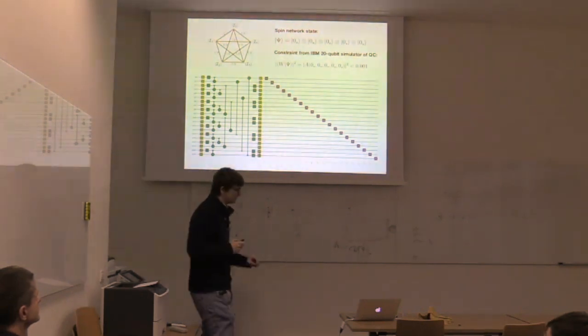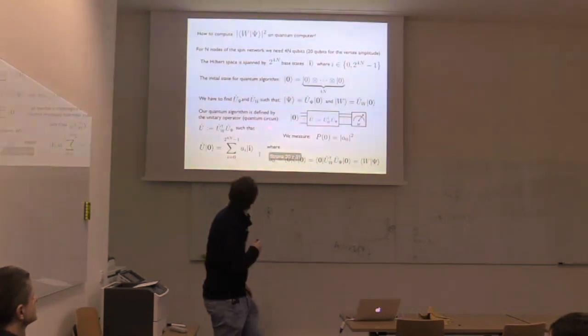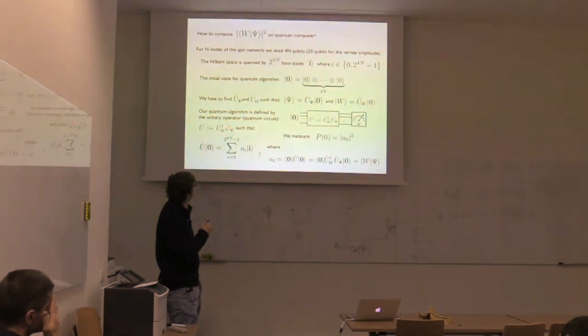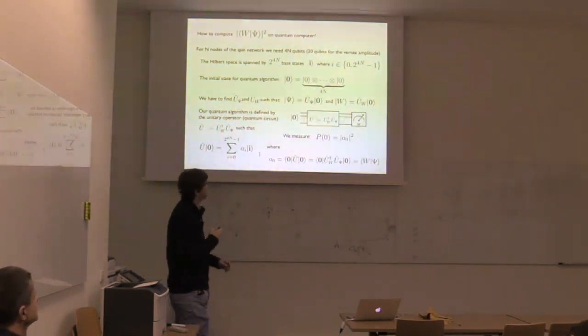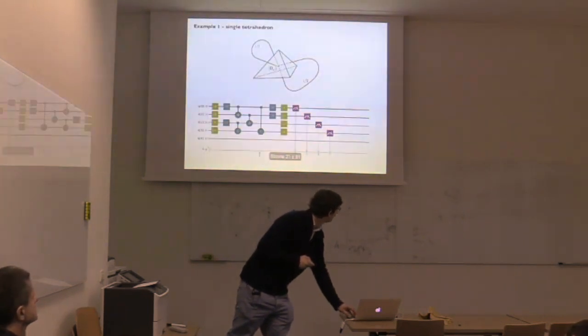So the first thing we have to do in our algorithm is that we create this initial state using the u operator, and then after that, we act on the state with the dagger of the UW operator, okay? One after another.